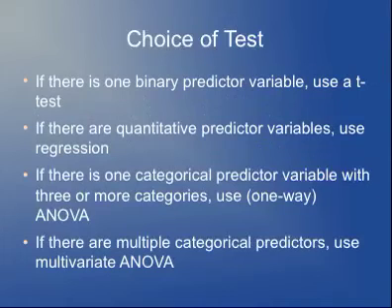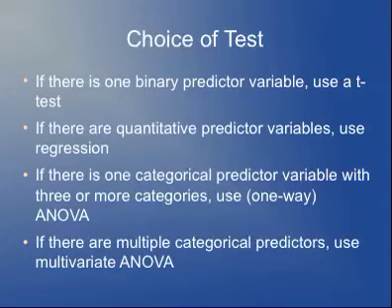If you have a single binary predictor variable, you can use a t-test, for example if you want to know whether case versus control predicts some continuous outcome, whatever that may be. On the other hand, if the predictor is quantitative, then you can use regression.